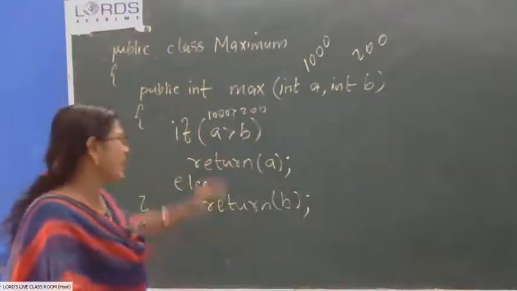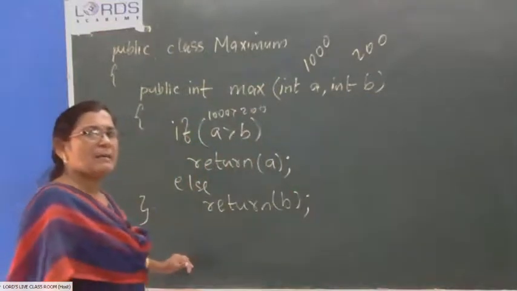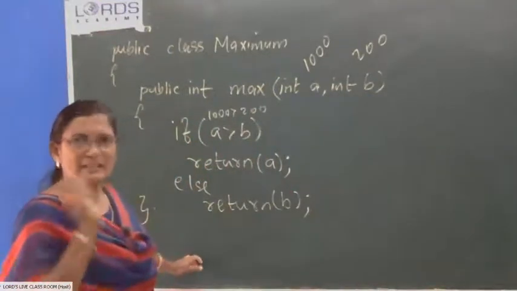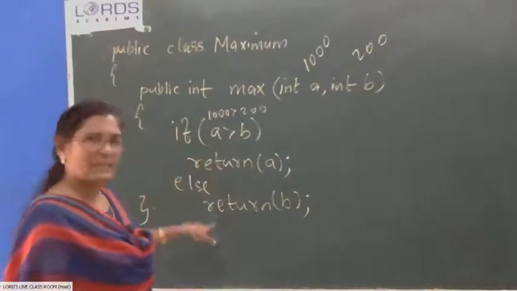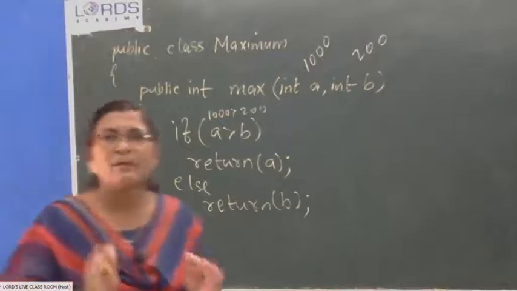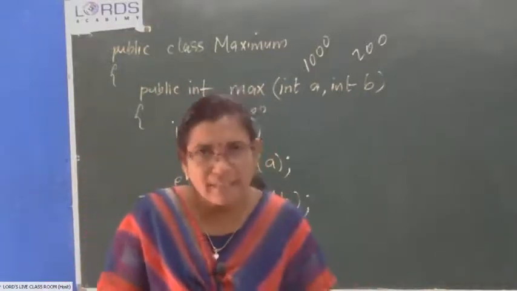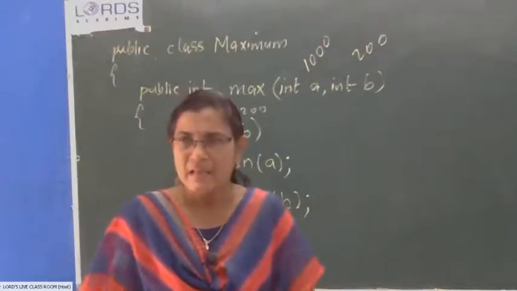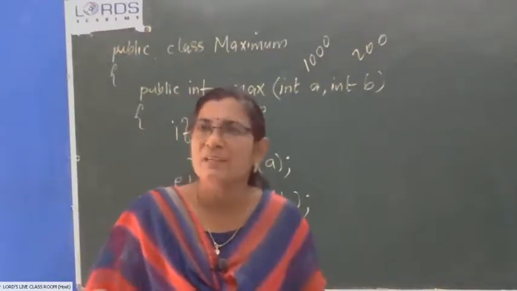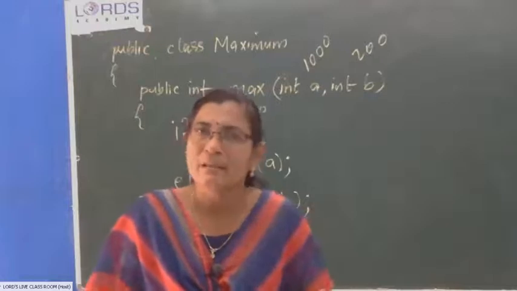You can give a number of return statements by using an if, else if construct, or two return statements by using an if, else construct. Okay. Any number of return statements can be given in a function by using conditional constructs, but only one will be executed. Only one return command will be executed.